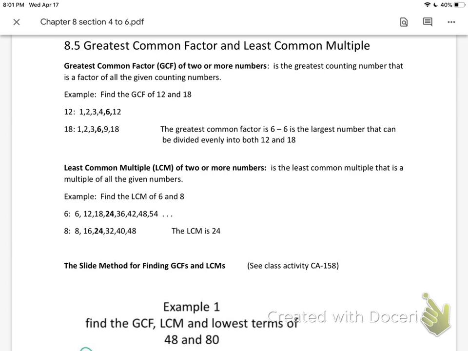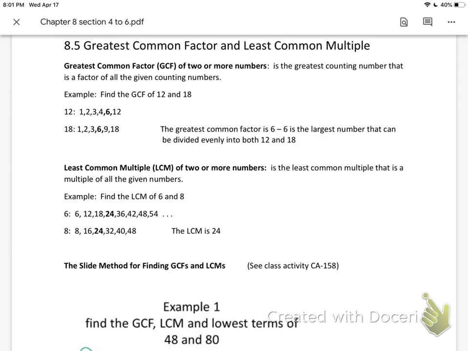So let's start with 6 and 8. 6 times 1 is 6, 6 times 2 is 12, 6 times 3 is 18, 6 times 4 is 24, 6 times 5 is 30, 6 times 6 is 36, 6 times 7 is 42, 6 times 8 is 48, 6 times 9 is 54.